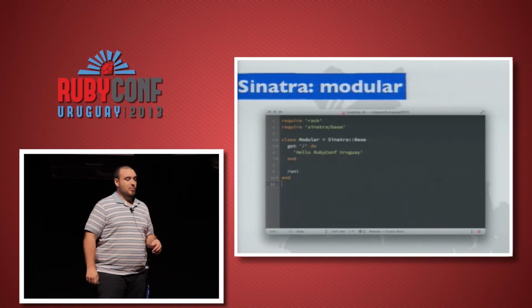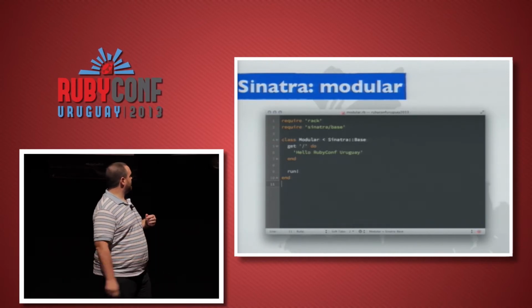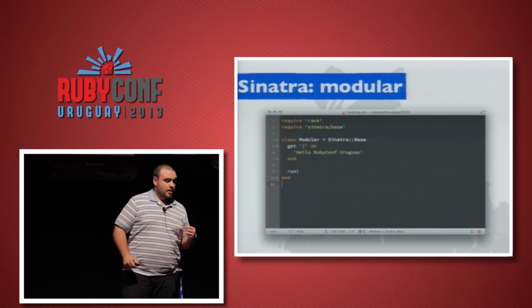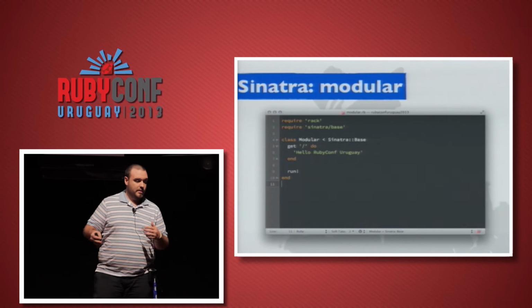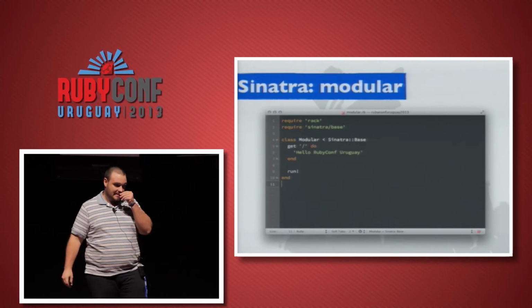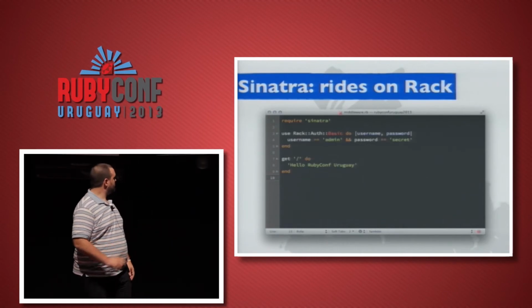And the other one is the modular form that is neater because you have a class that has to inherit from Sinatra base. And what we're going to tell it is run. So when we do Ruby, we run the modular classes.